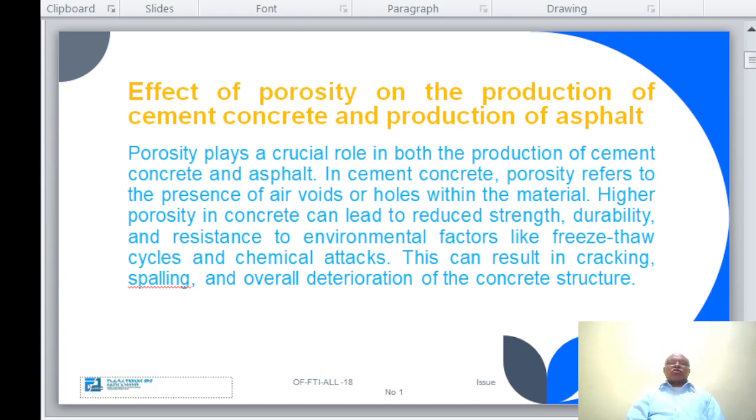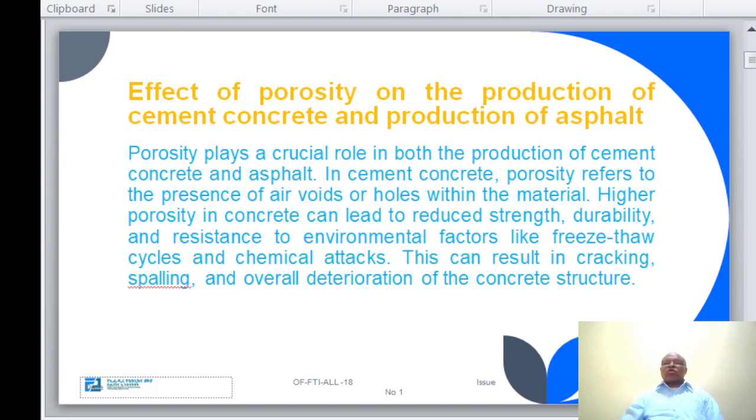Additionally, porous concrete is more prone to freezing and thawing damage, as water can enter the void space, freeze, and expand, causing stress on the concrete matrix.